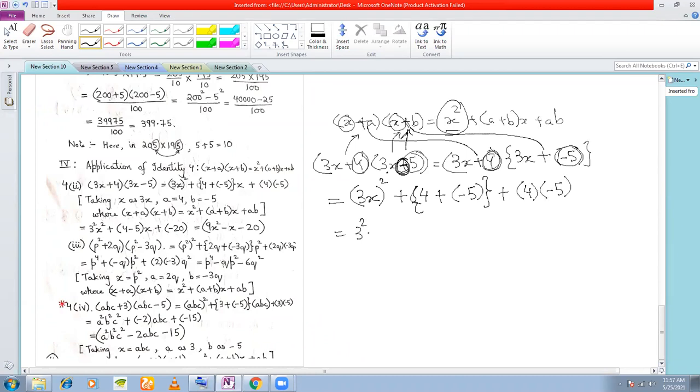So that's it. This becomes your 3 square x square. And this becomes your 4 minus 5. And here is an x also because of this x. We'll give 4 minus 5x. And 5 into 4 is minus 20. So now you get 9x square plus minus x.